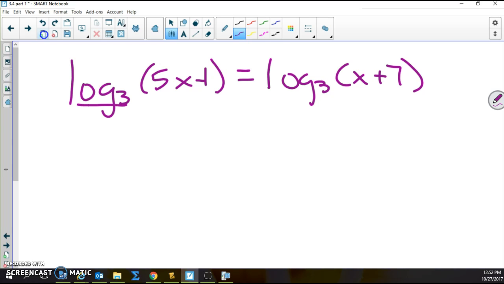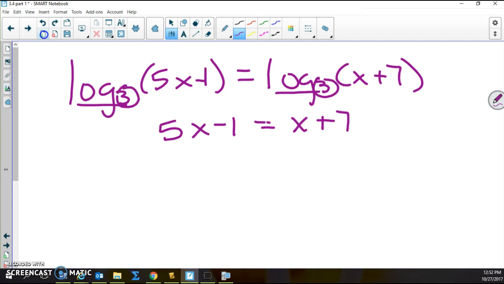We have the same thing on both sides, log base 3, so 5x minus 1 is equal to x plus 7. As long as these bases are the same, we're good to go. Solving that, subtracting x from both sides, we get 4x. Adding 1 to both sides, we get 8. Solving, x equals 2.